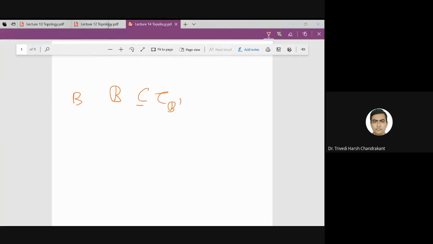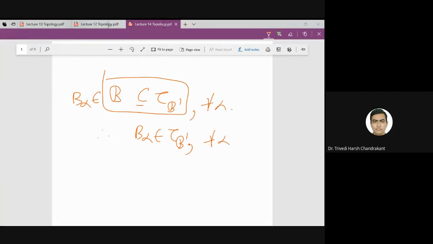If I take any B alpha belonging to B, then because of this condition, B alpha is also in tau B dash for every alpha, because B alpha is an element of B. And we know that tau B dash is a topology anyway, so it is closed under union.